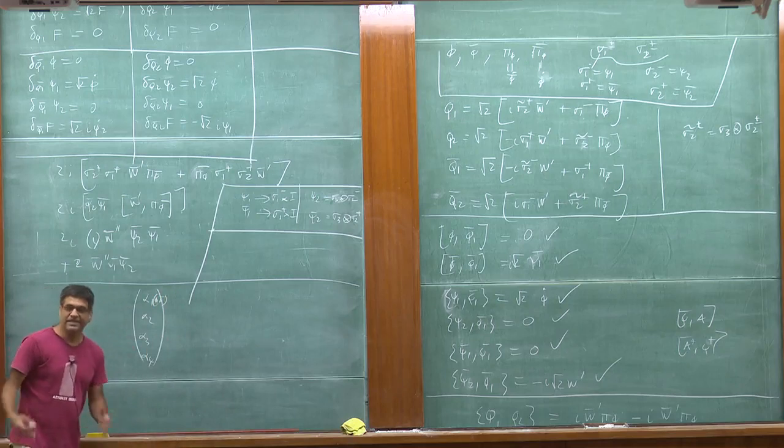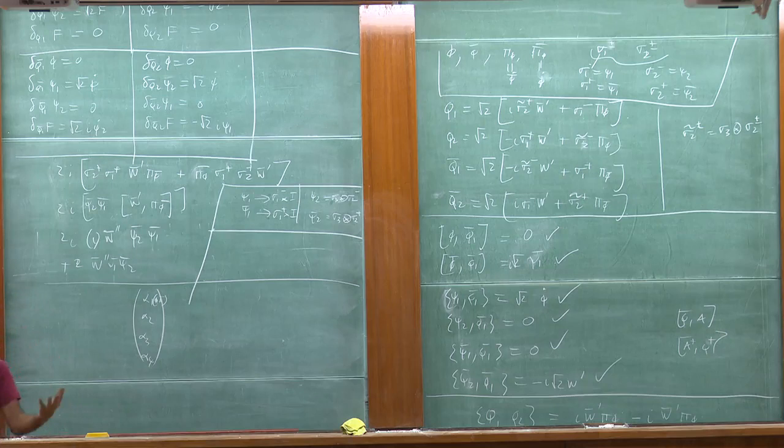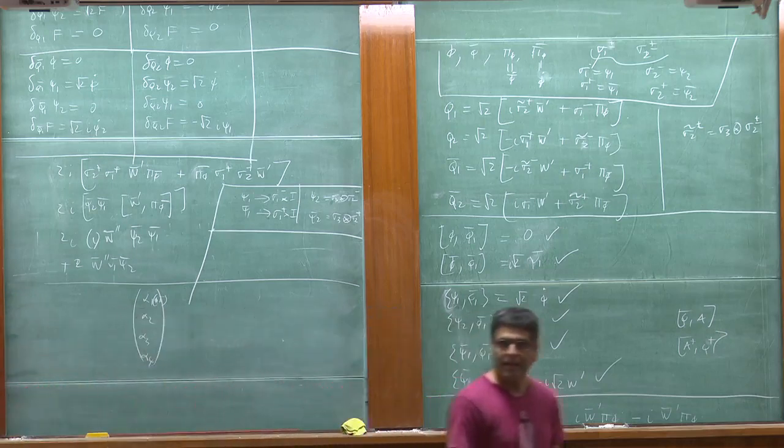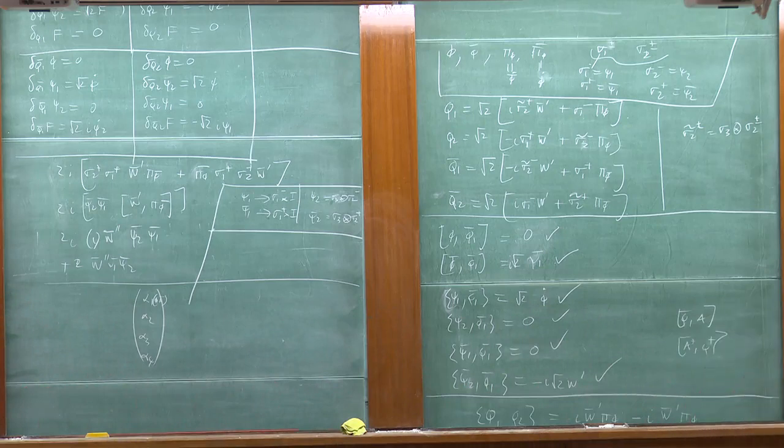The wave function is made up of 4 square integrable functions of phi and phi bar. Phi acts by multiplying these wave functions with phi, and pi phi acts with minus i del by del phi.